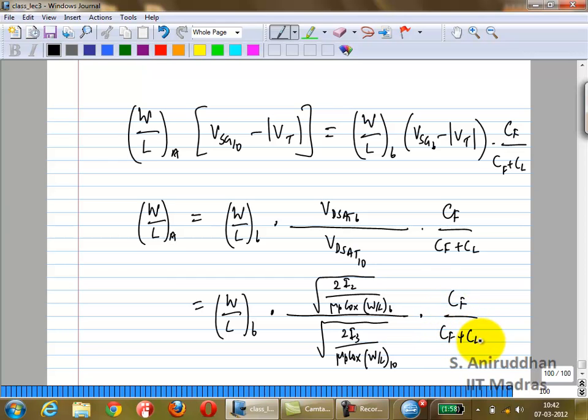Correct? And now you get a condition. So you already know M6, you know W over L6. Okay? W over L9 is easy to decide, so it just depends on the ratio of the currents. Right? You want the same VSG. So if you want VA to track, W over LA is related to W over L10.